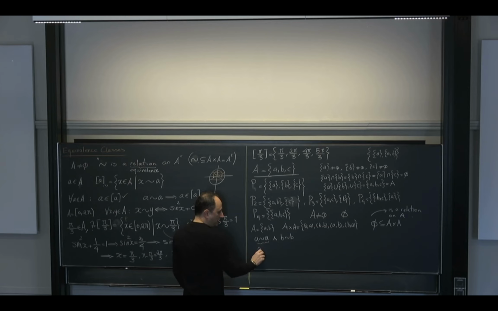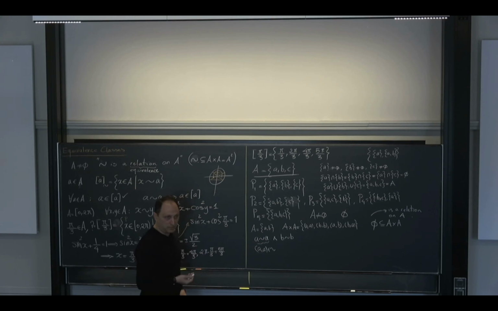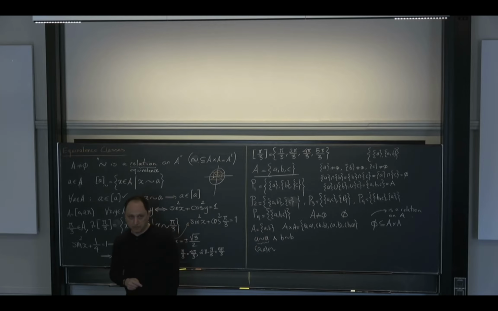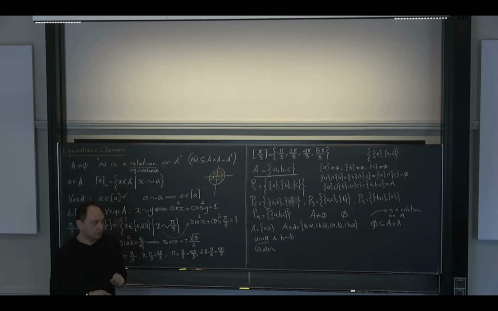This means A and A belongs to this. So it means that this cannot be a reflexive relation, because for any reflexive relation, you need A and A to be in there, B and B also in there. Understandable or not? Okay.